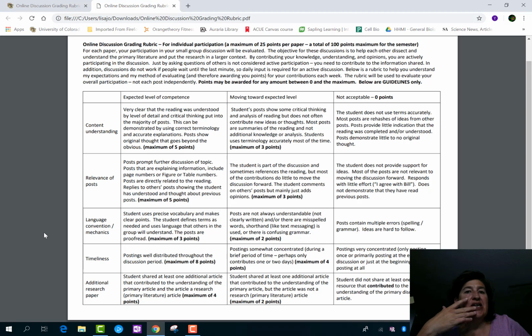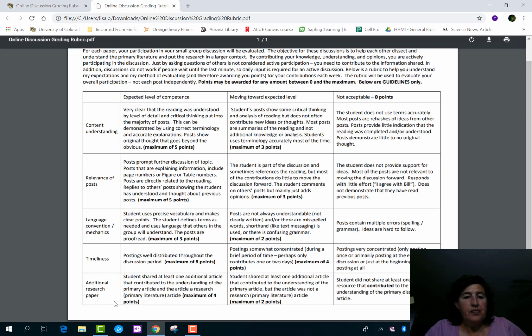If there's a question that's gone unanswered for a while, I will try to chime in, and I will give you updates, especially in the first couple of papers, like, "Hey, you're doing a good job," or "Nope, you're going to get not acceptable or below expectations because you don't have any meat to your posts, or you're not participating enough." So I will help guide you a little bit, but I really read these to look at your interactions.